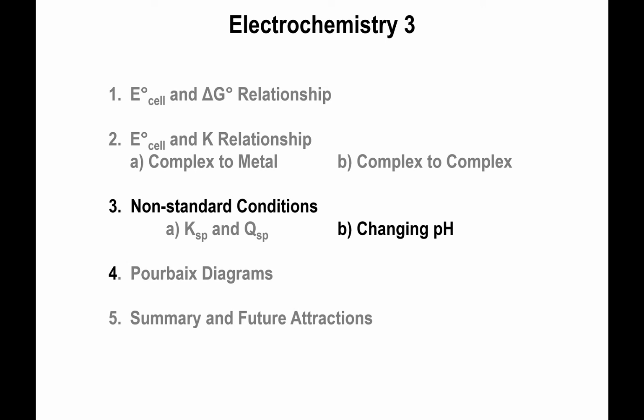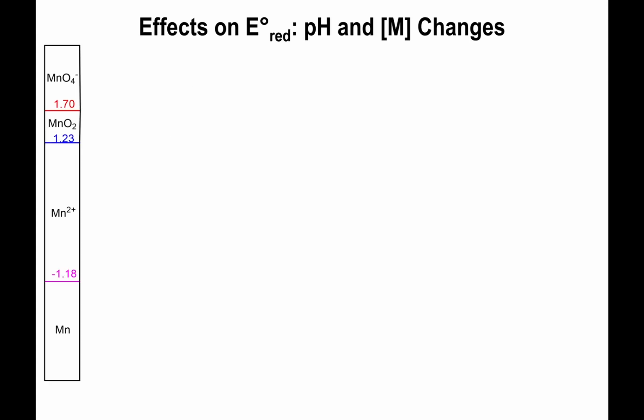Alright, let's take a look at how changing the pH ultimately changes and affects the standard reduction potential diagrams. I'm going to concentrate for this example on the manganese standard potential diagram.